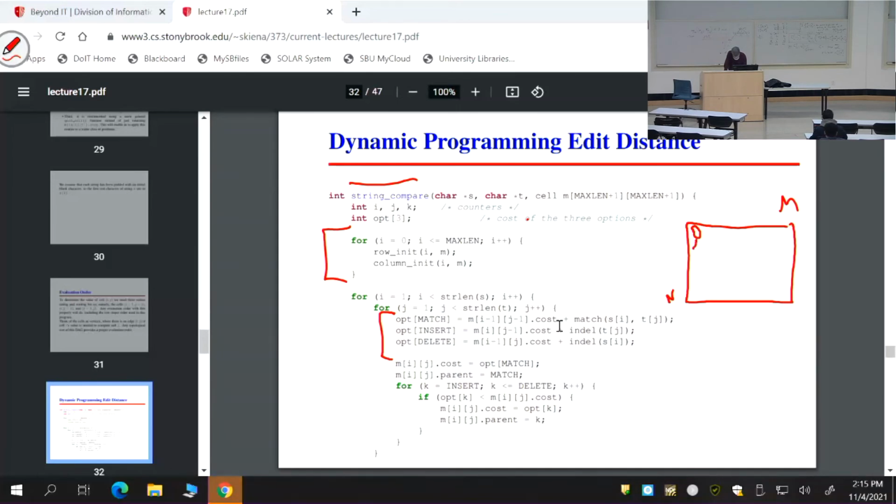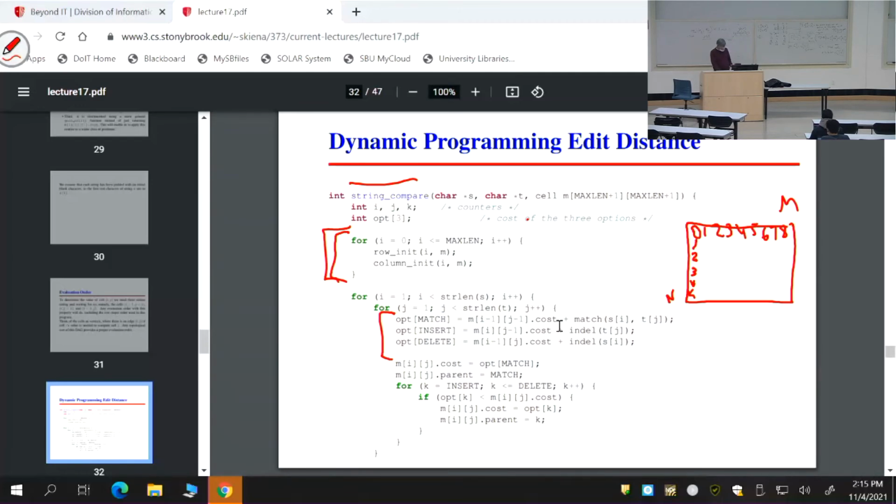Otherwise, it was 1, 2, 3, 4, 5, 6, 7, 8. Does everybody agree that because I knew the initialization conditions we talked about, that will give me the first row and column of this matrix? Okay, this is now my solution matrix.